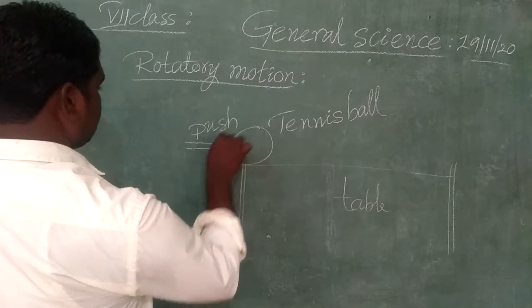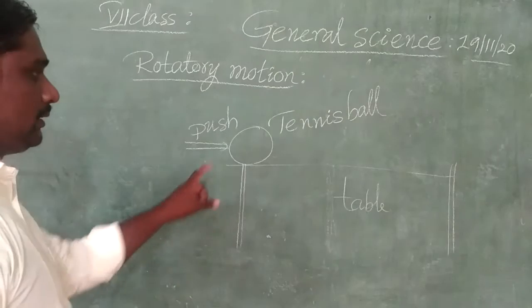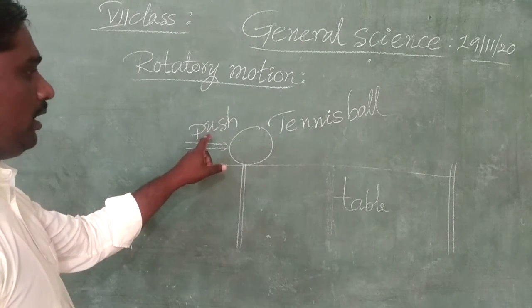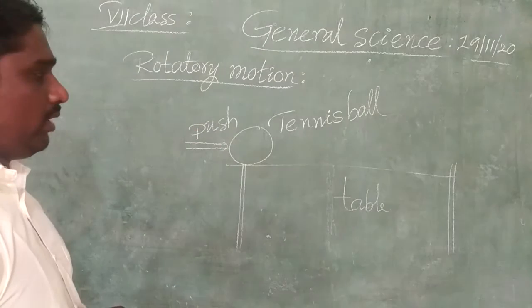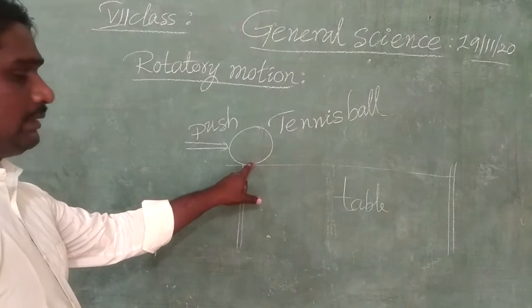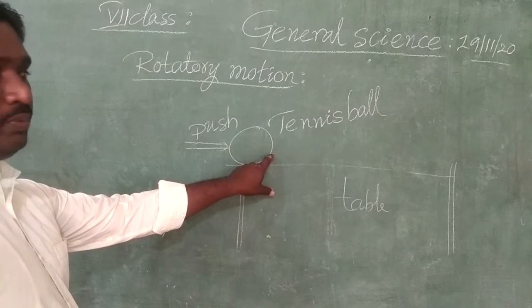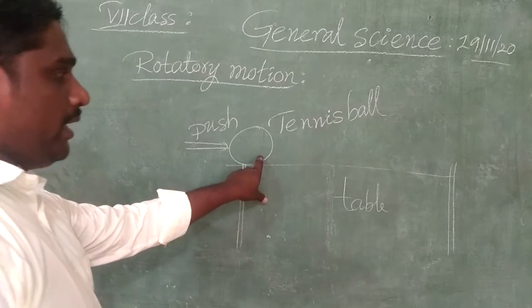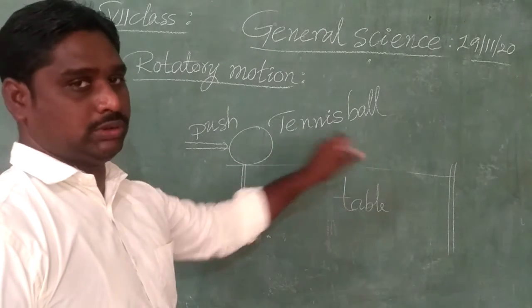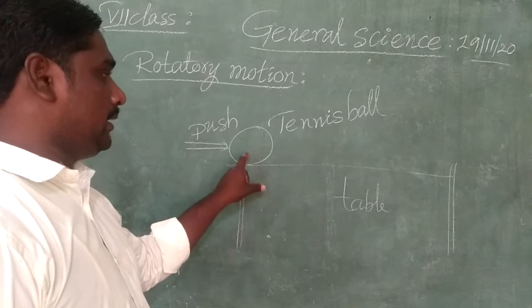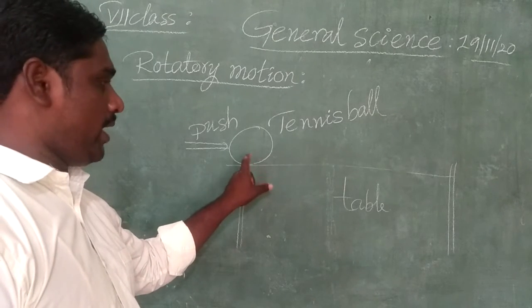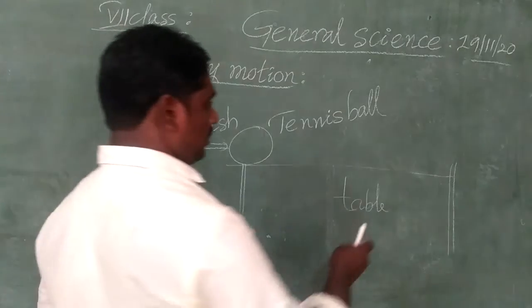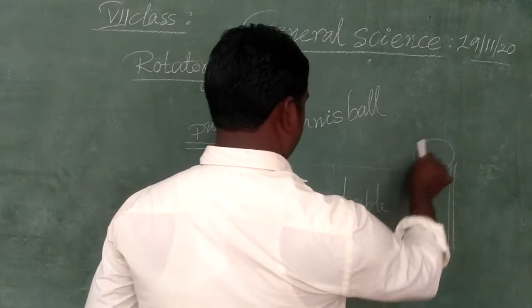What happens? This tennis ball is pushed with your fingers. What happens? You notice a change in the position of the tennis ball as it moves. The tennis ball moves from one end of the table to the other end of the table.